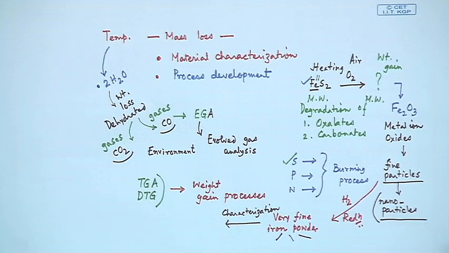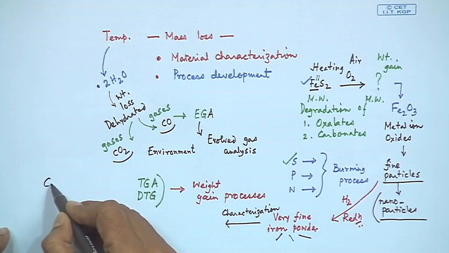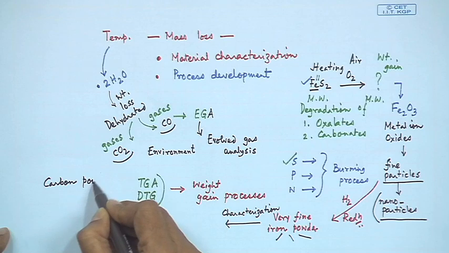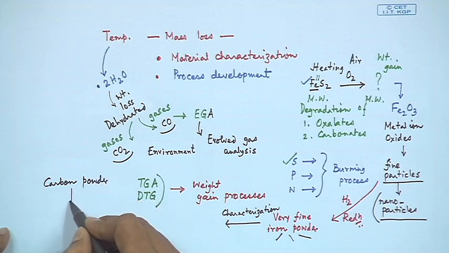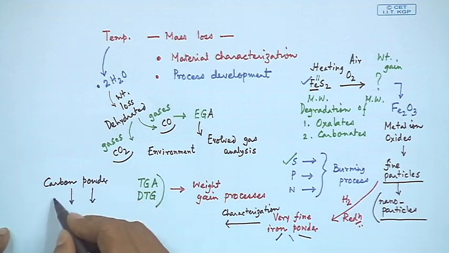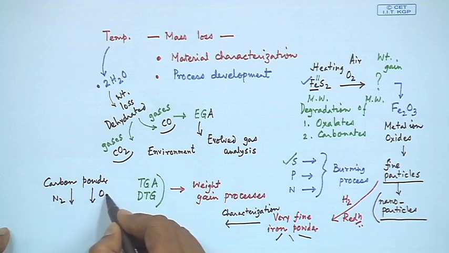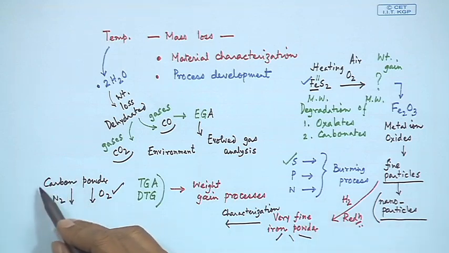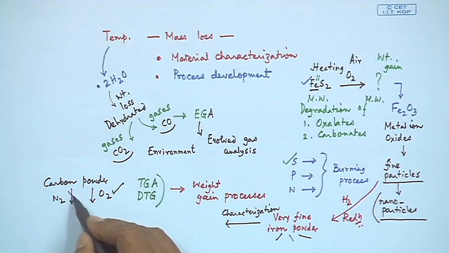Taking this information, what we have seen previously with carbon powder, when we burn it in the presence of nitrogen and in the presence of oxygen, is that complete burning of carbon to carbon monoxide as well as carbon dioxide is only possible when the environment is O2.